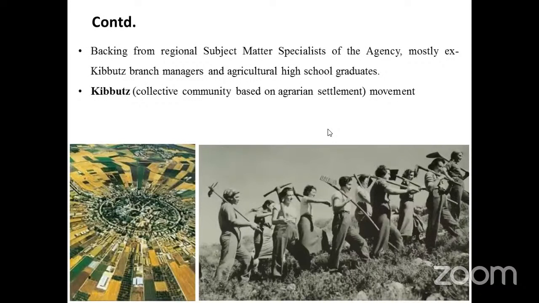They are very much popular, and this is called kibbutz. This term you'll have to remember when it comes to Israel. Kibbutz is nothing but a collective community based on agrarian settlement. You can see this living pattern here, and these are the farms, and there was this cooperative farming.